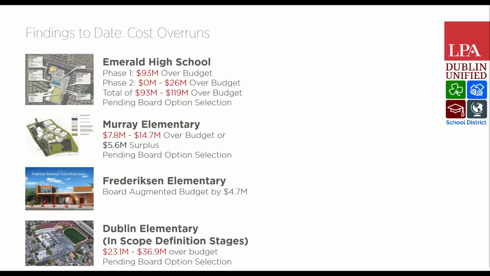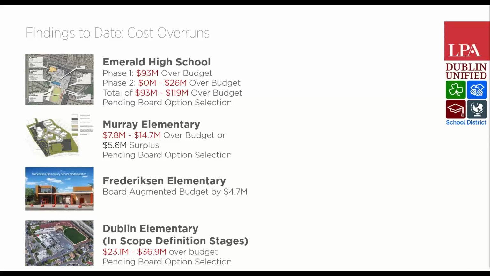And all we can do now is take the design and the ed specs, the things that the board asked for, the things that the community asked for, and provide as accurate a budget as possible moving forward.